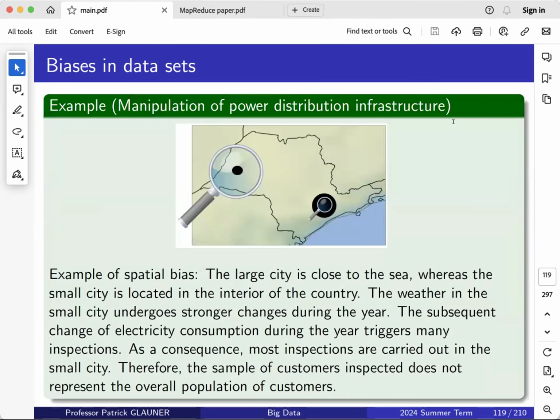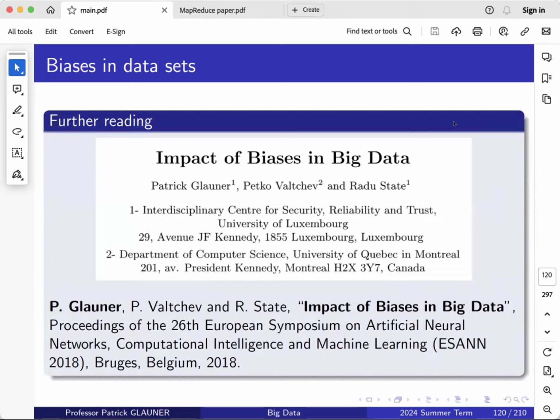If you are interested in the issue of biases in big data, I published a survey paper 6 years ago. You find it on the internet, and I think I also uploaded it into the Nextcloud folder of this course. In my survey paper, I'm reviewing the issue of biases in big data. I've checked, it's not in the Nextcloud directory, but I will upload it later, or you just find it online.